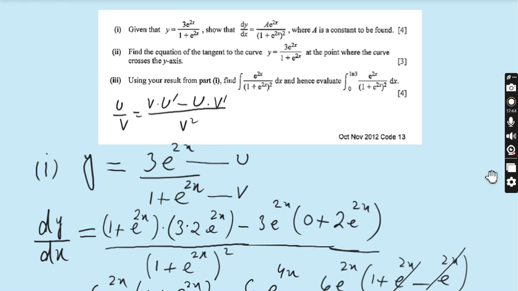So students, this is our today's class, where we did question number 7 or 8, October, November 2012, paper 1-3, integration. 4 plus 4, 8, 8 plus 3, 11. So this is an 11 marks question.